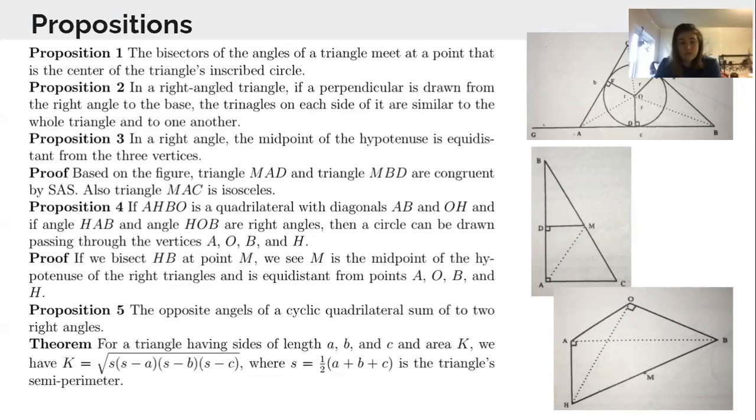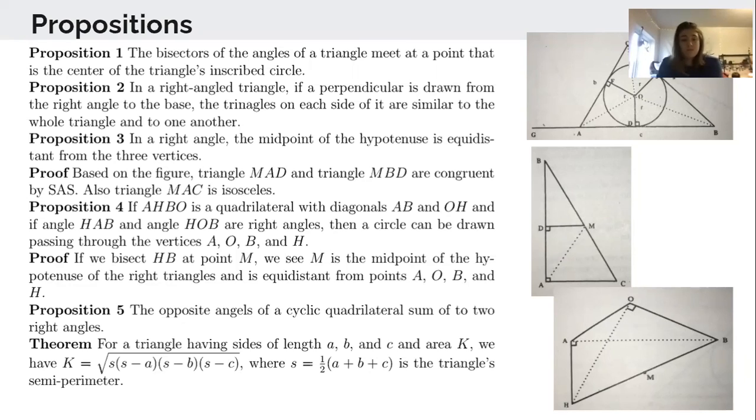Okay, so now, again, we're going to have to shift because we're going to open it up quite a bit. The next proposition doesn't even correlate to the propositions or the proof above. This proposition is strictly for a quadrilateral, the one that you see in the third picture. So quadrilateral AHBO is a quadrilateral, and its diagonals make right angles, from A to B and O to H, with the legs.